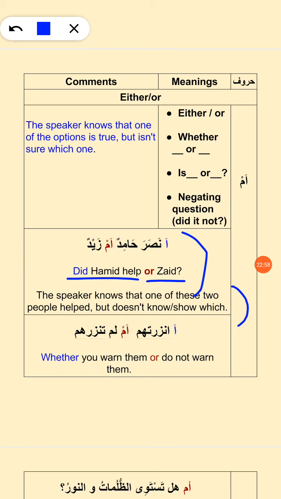Okay, so that's what. Now this alif, or rather this hamza, is called hamza istifhamia. Don't worry. Just simply remember this as the questioning hamza. Okay, because that's how you make questions in Arabic.